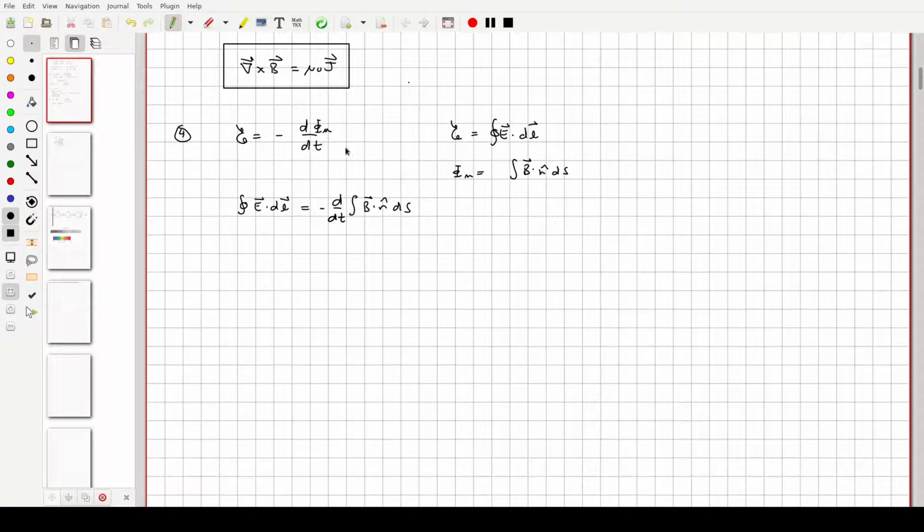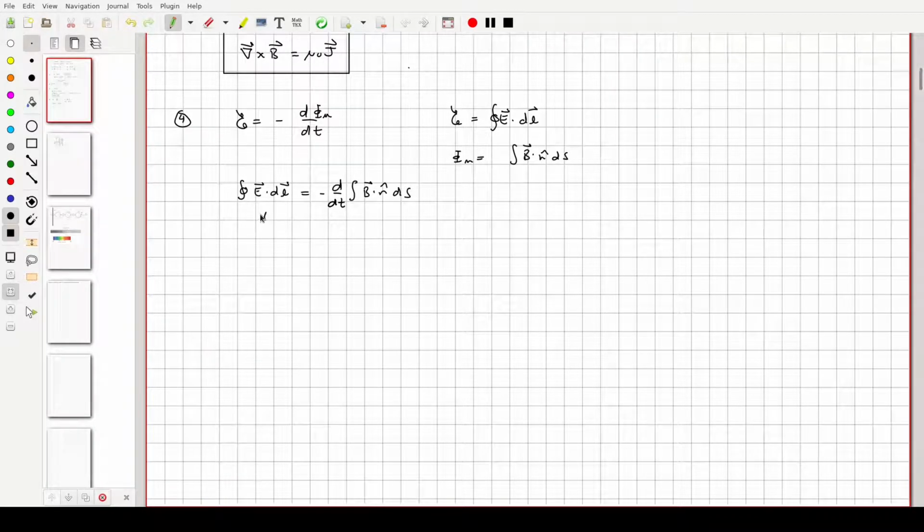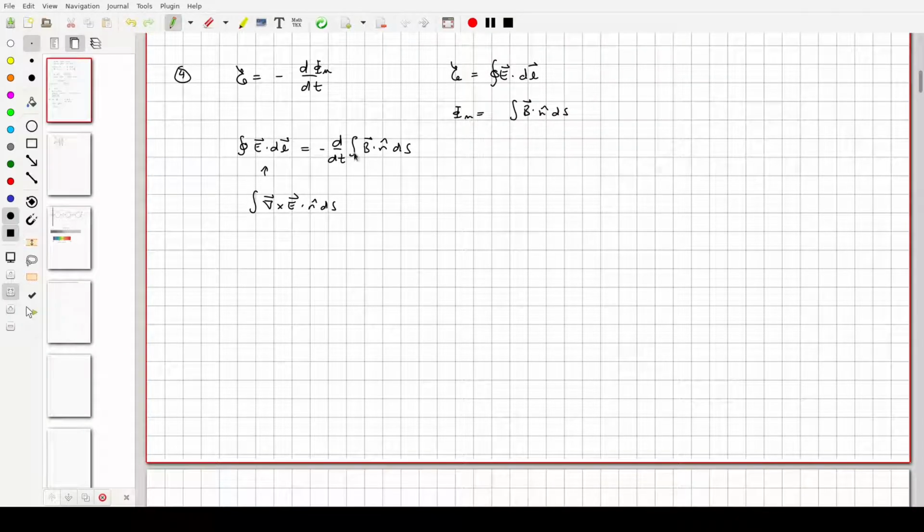Okay, so this is the left and the right-hand side. This right here, I could write as del cross E dot n hat ds. And so I can pull the right-hand side over to the left-hand side in exactly the same manner as I've been doing so far.